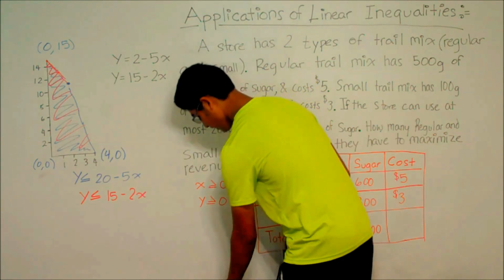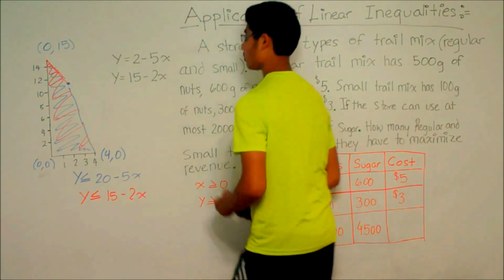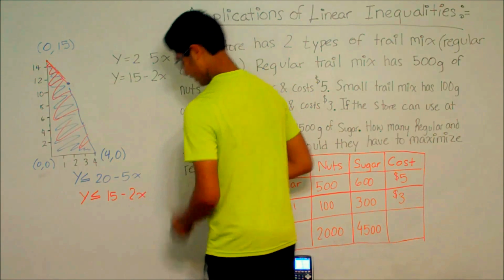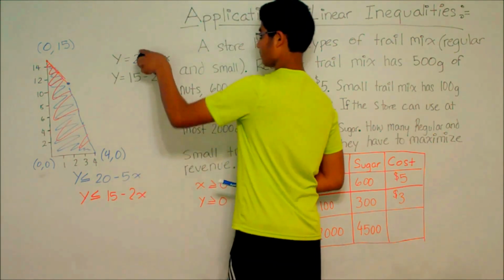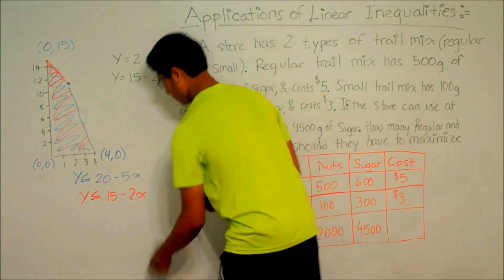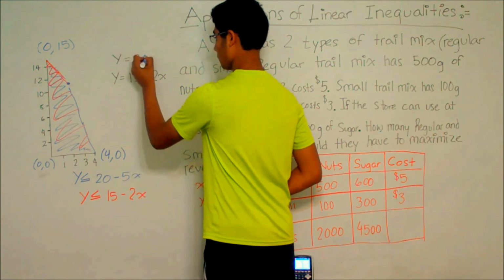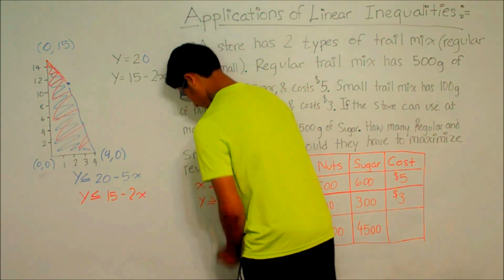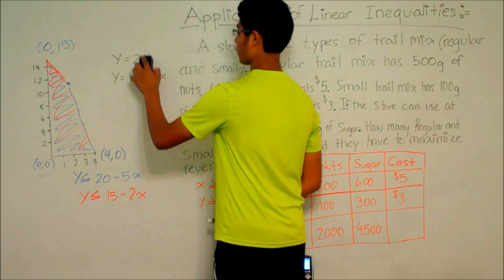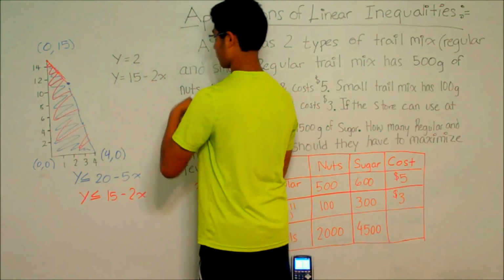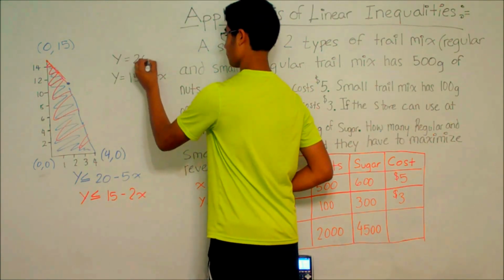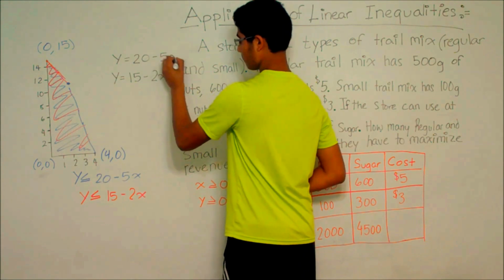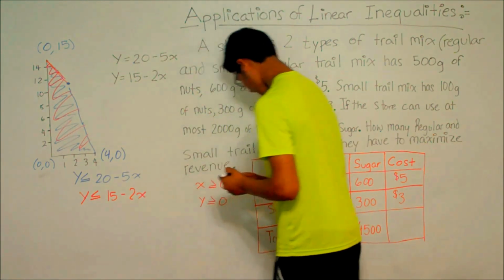Oh, sorry, this is 20 minus 5x. Let's plug that into the calculator.